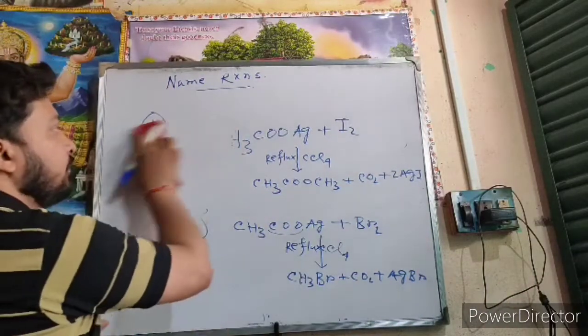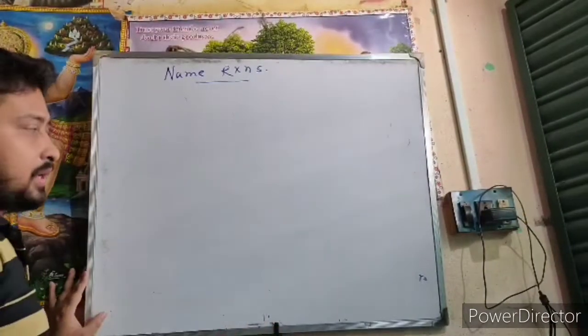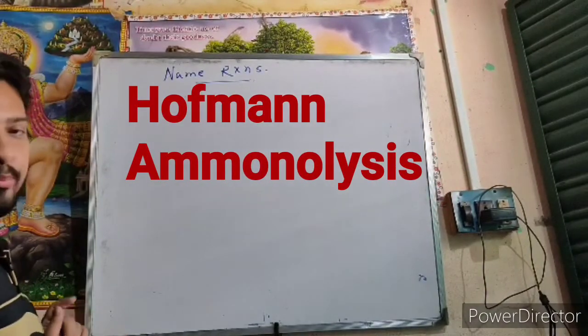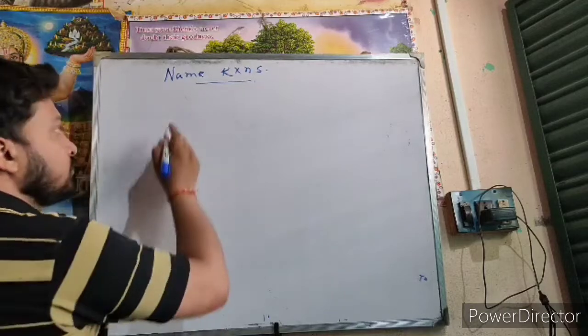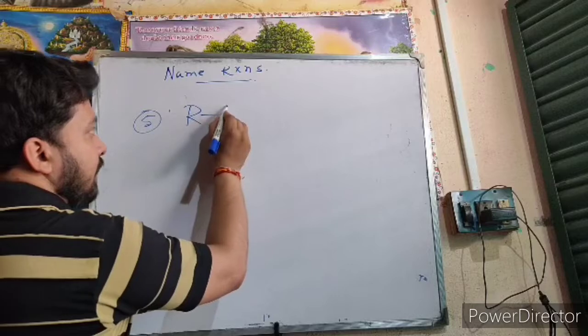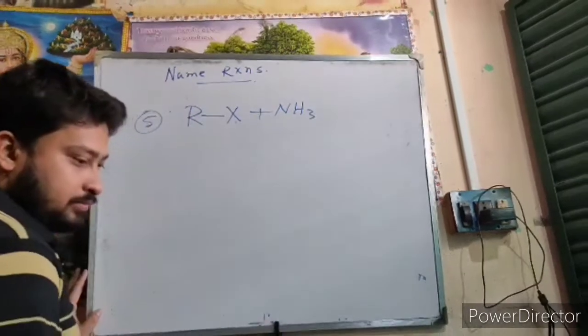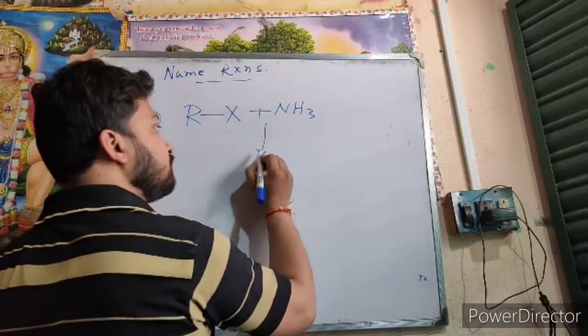Now the fifth topic is the Hofmann ammonolysis reaction. Number 5. Here RX reacts with NH3, ammonia, in the presence of ethanol and heat.